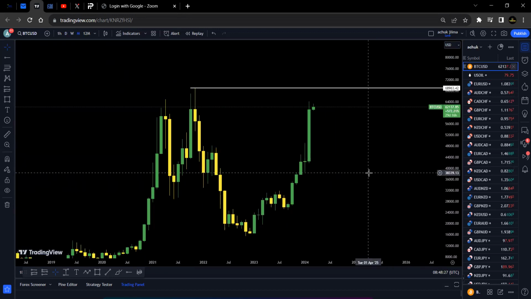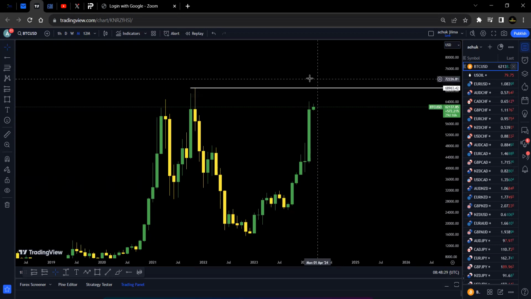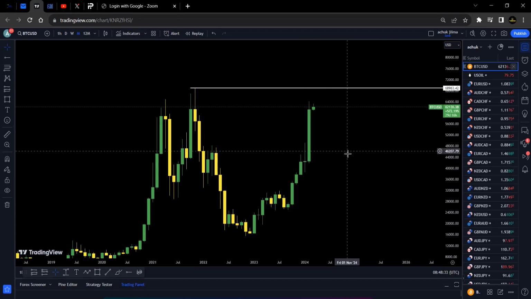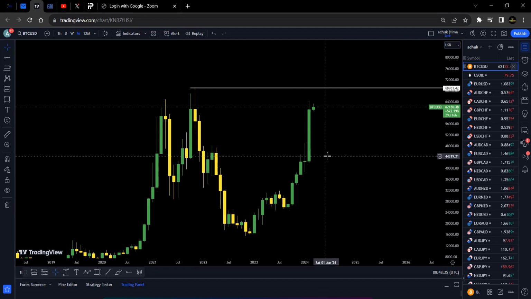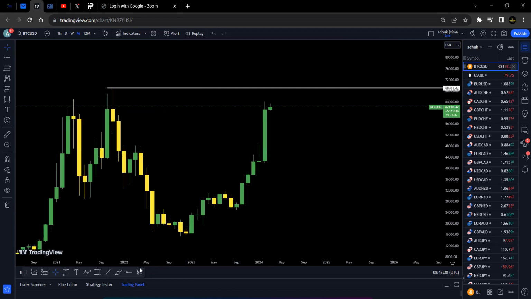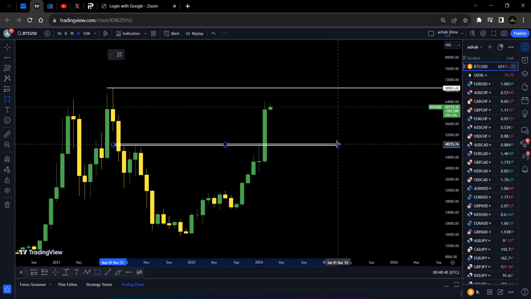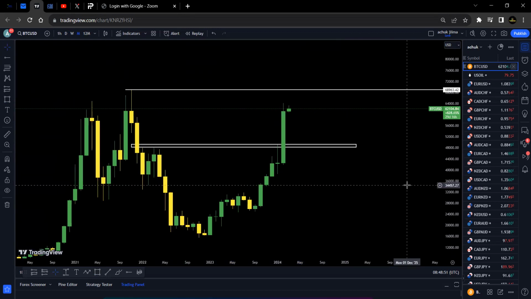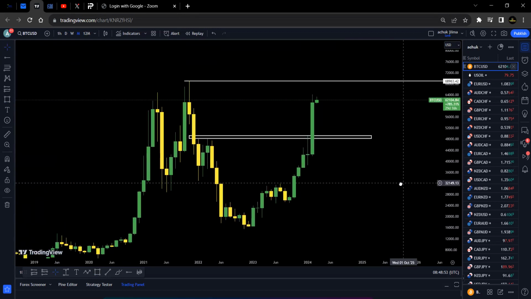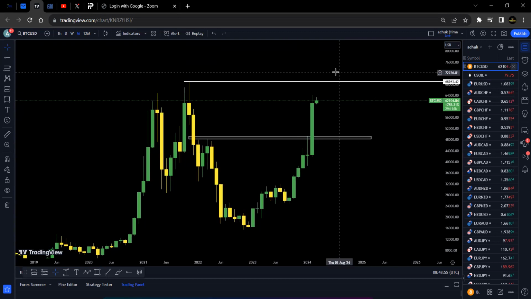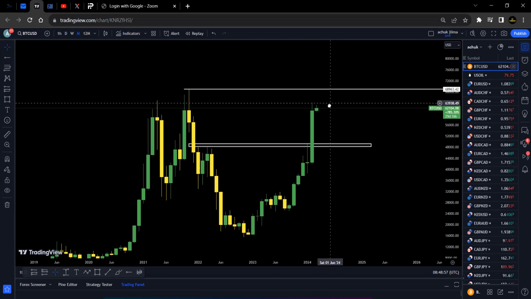So what can actually happen here is that we could have this high taken out, Bitcoin forming a new high, and then possibly dropping down to where. So we want to see a strong engulfing candle. If you look at this candle here, it took away this high and all of these highs here. So this becomes our next support area, right? So now we have price in between this support and this resistance here.